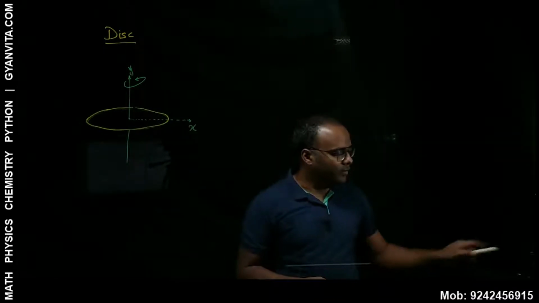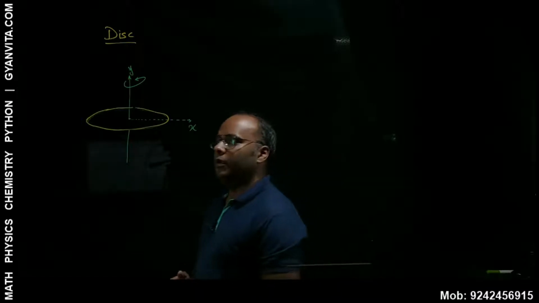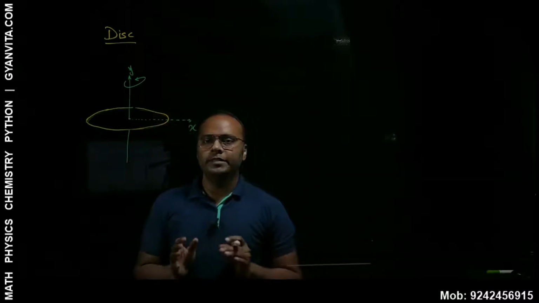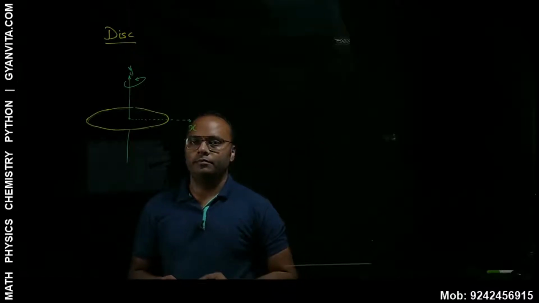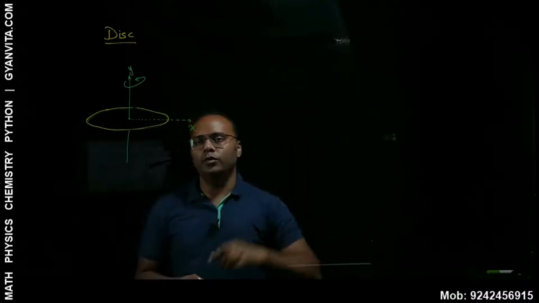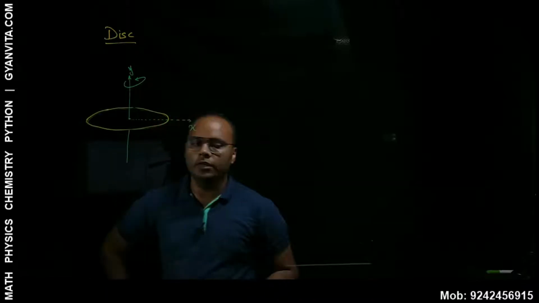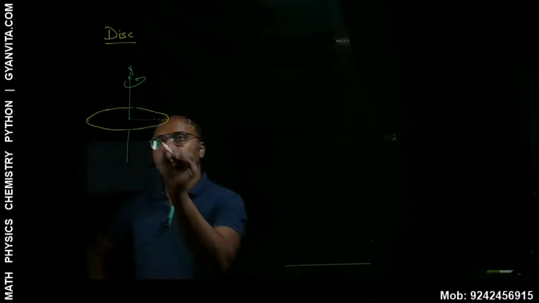Now how to find the moment of inertia? The basic definition of moment of inertia is M r square, that is total mass into r square. But in the case of continuous objects, we said that we'll start with a very small element.